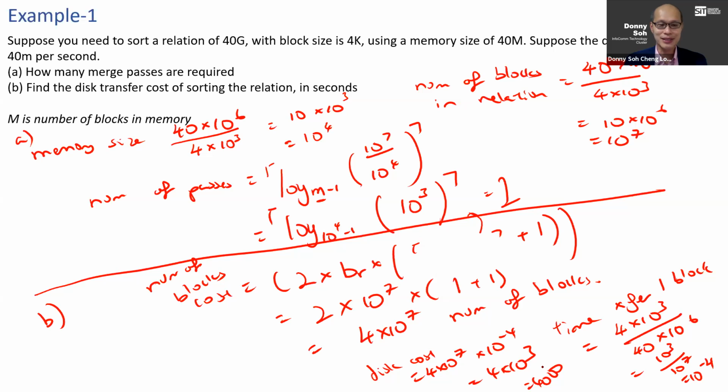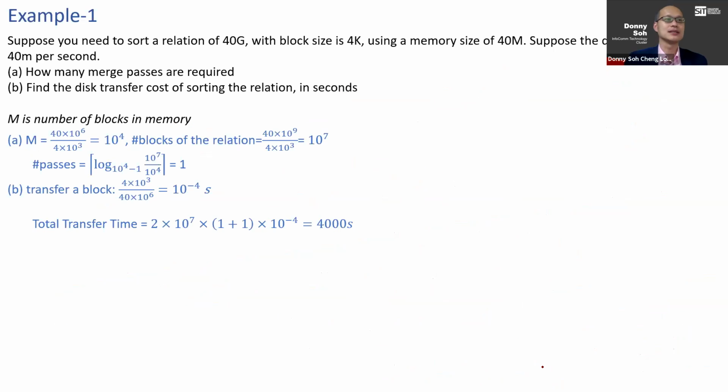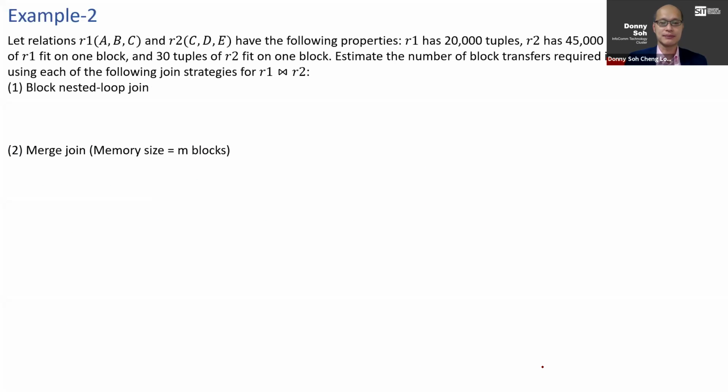Any questions with this? All good? Okay, very good. Let's look at the next example. Maybe you all take about 3 minutes to try to solve the first one, the block nested loop join.